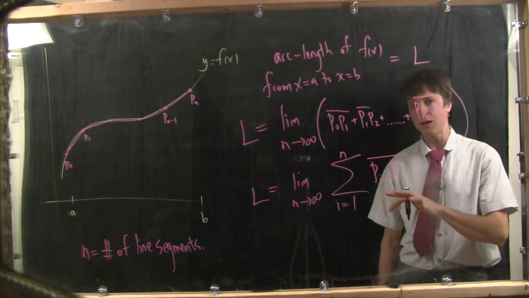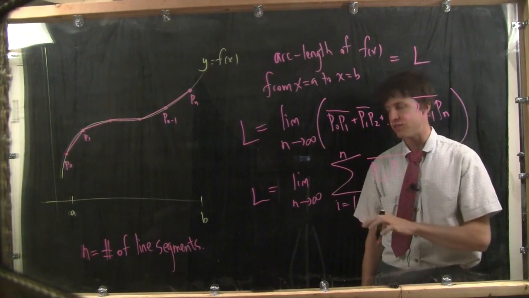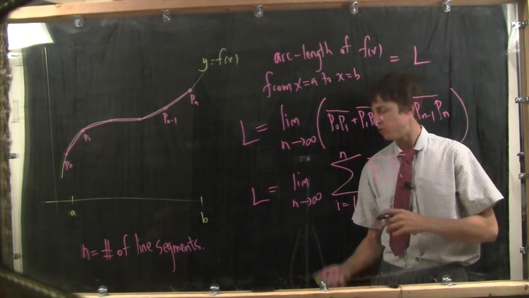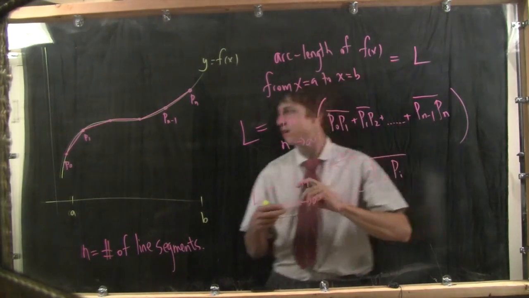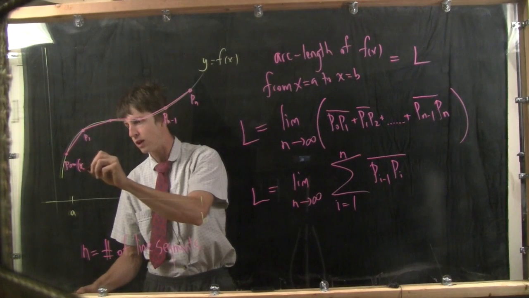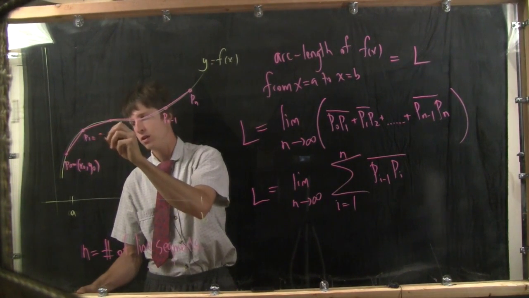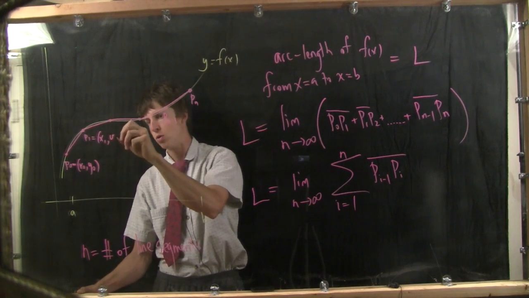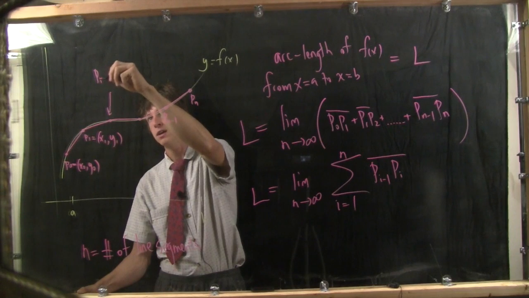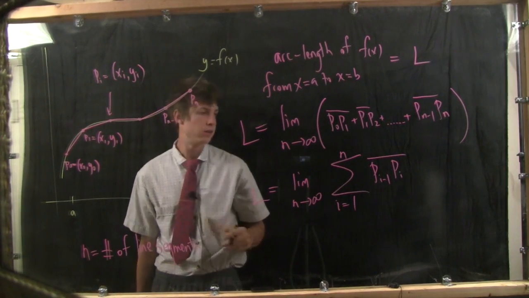Right now the goal is to massage this into something that's more recognizable in terms of calculus. So what we're going to do next is give each of these points coordinates. I'll call P0 x0, y0. I'll call P1 x1, y1. The general point, let's call it Pi, will be xi, yi.